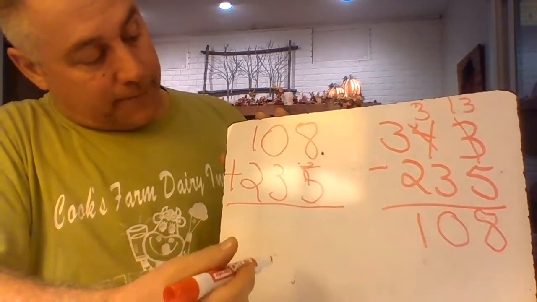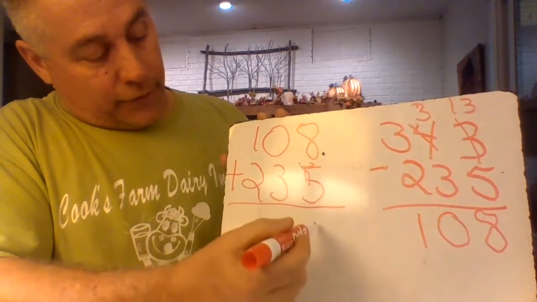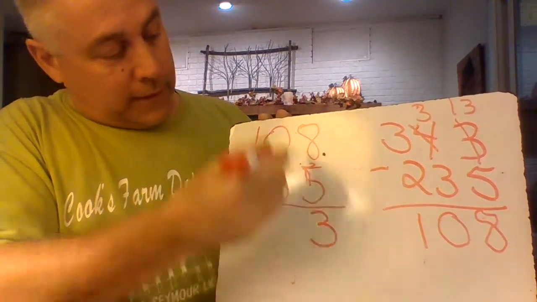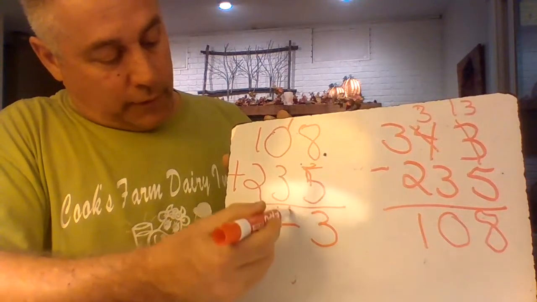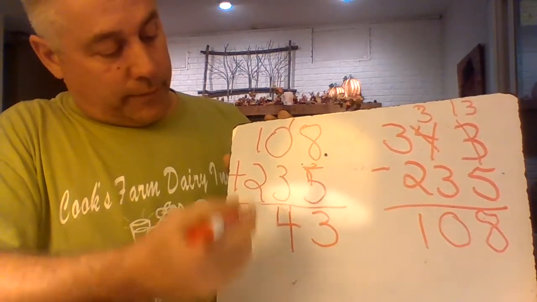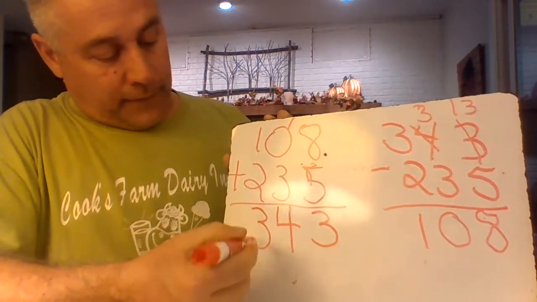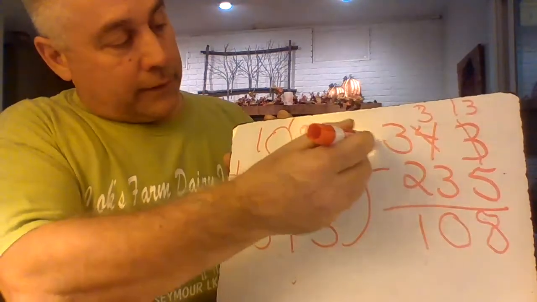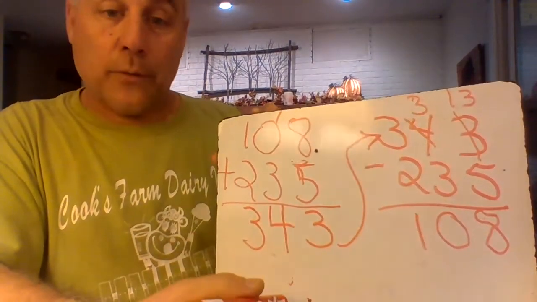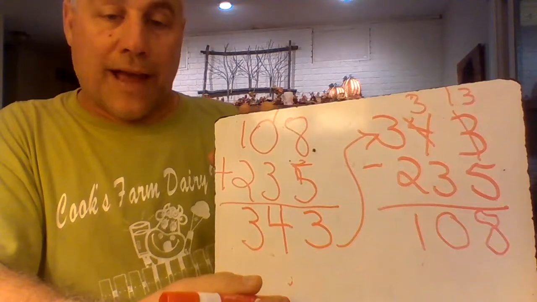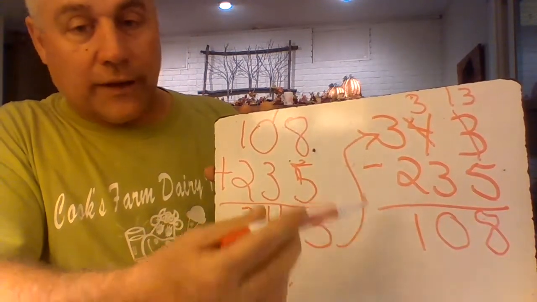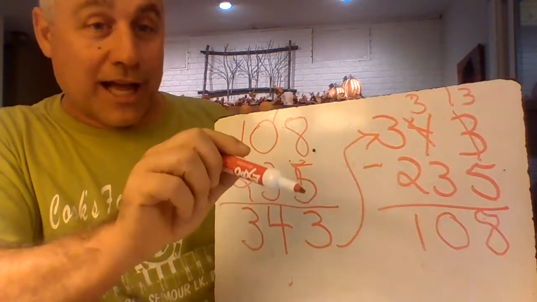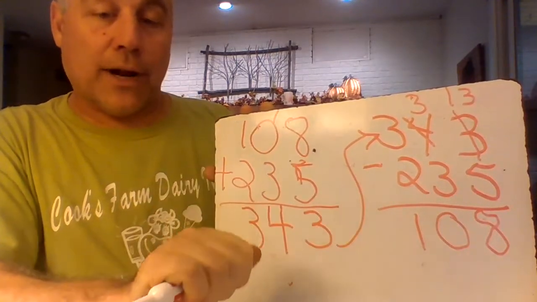Let's see if it's right. 8 plus 5 is 13. Regroup. 3 plus 1 is 4. Don't regroup. 2 plus 1 is 3. 343, 343. Hey, it worked. It's correct. So that means that when I did that process of using the inverse operation, I double-checked that I got the exact right answer.